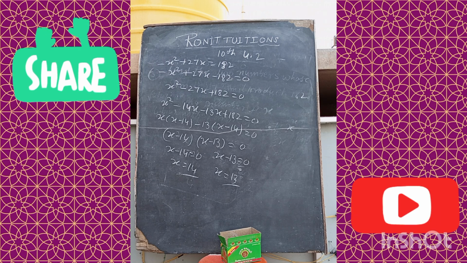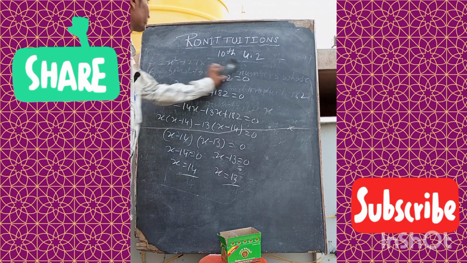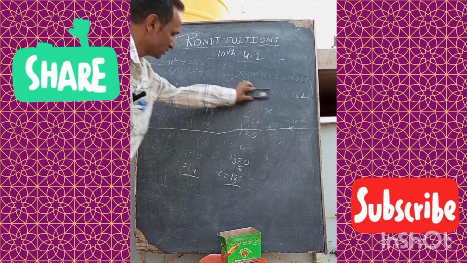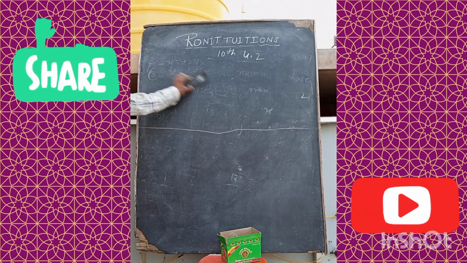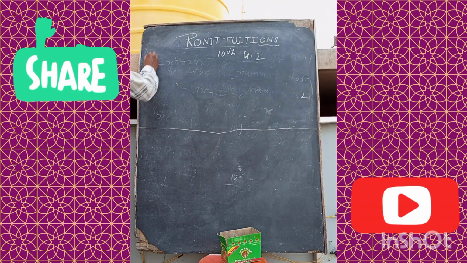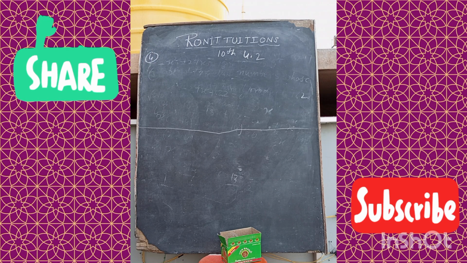Let's go to question number 4 of Exercise 4.2. Question number 4 says: find two consecutive integers.